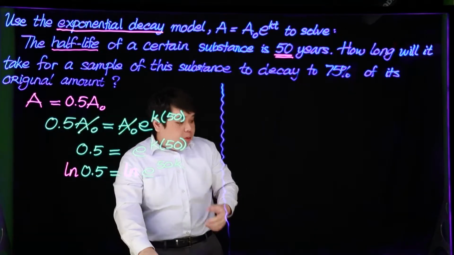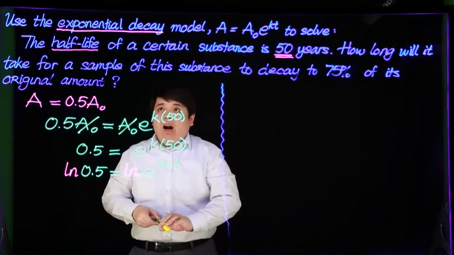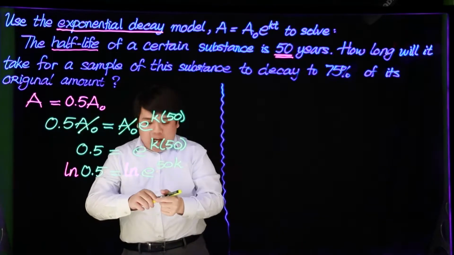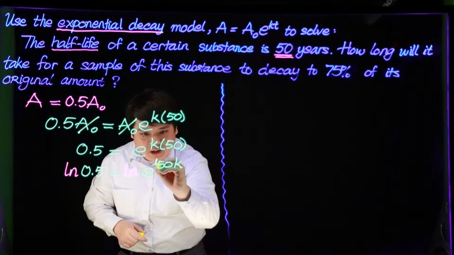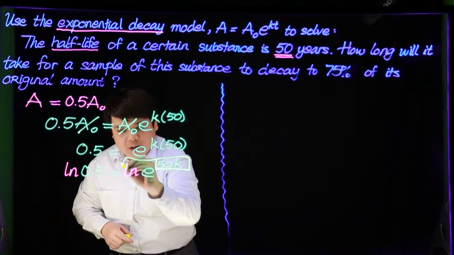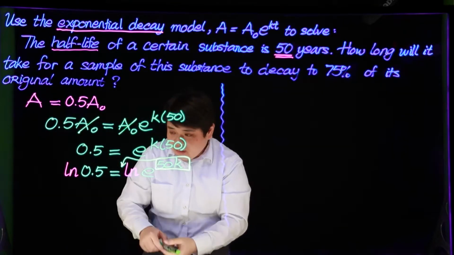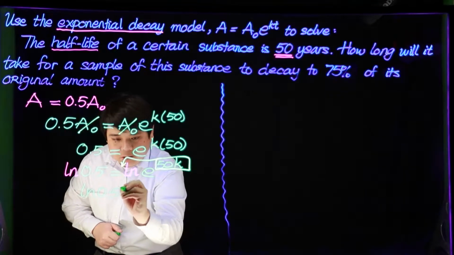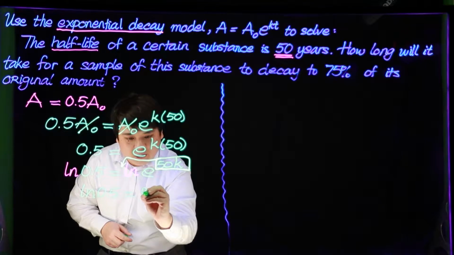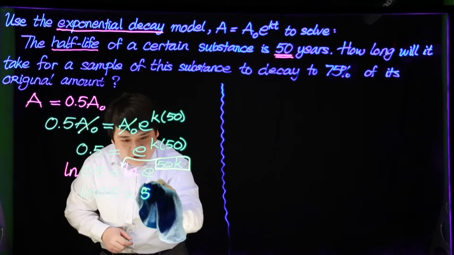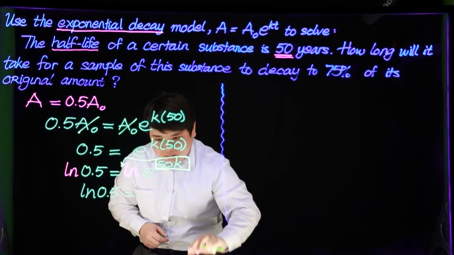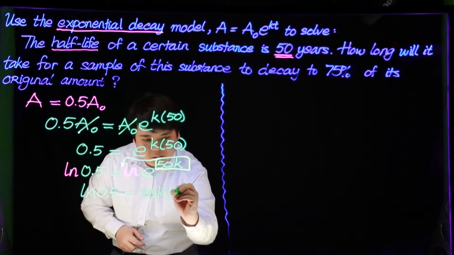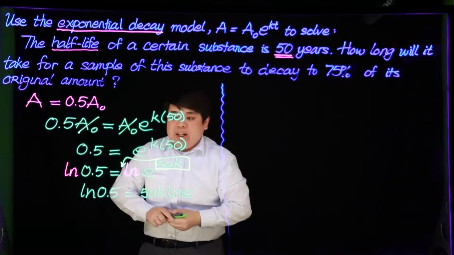Now we take advantage of the properties of a log. We can take the exponent outside as a coefficient. So this will go outside, and we will have 50K times ln of e.